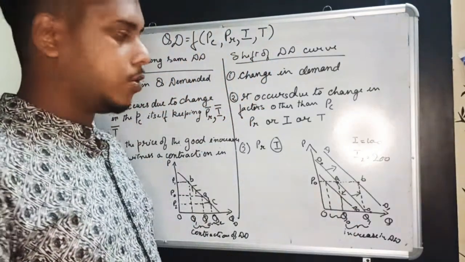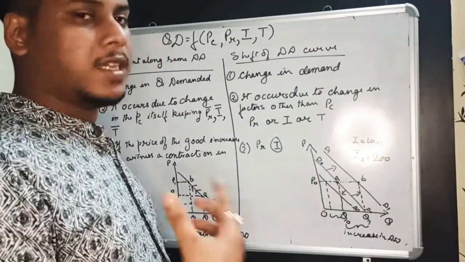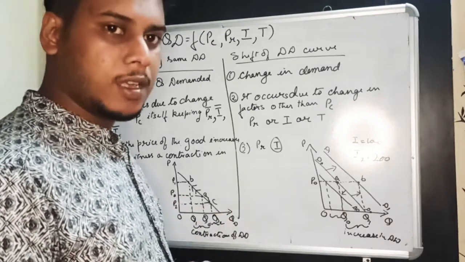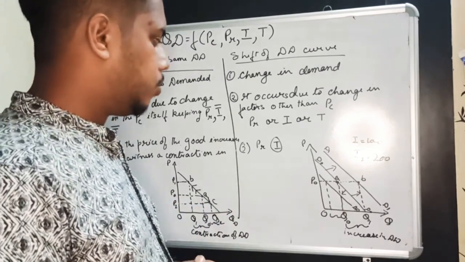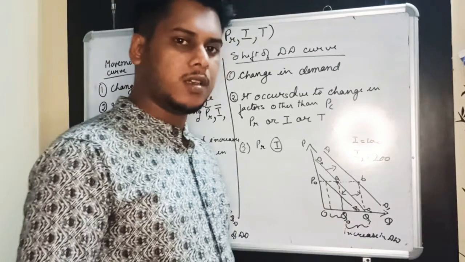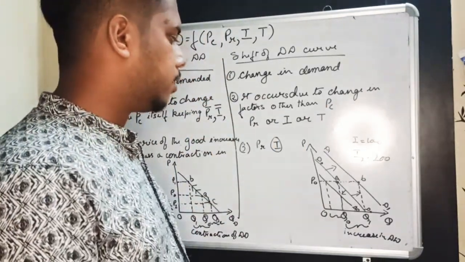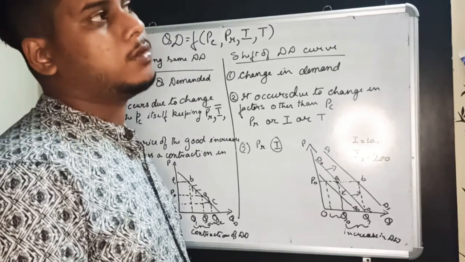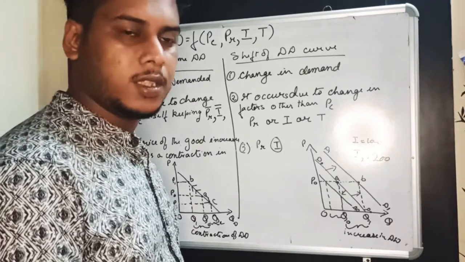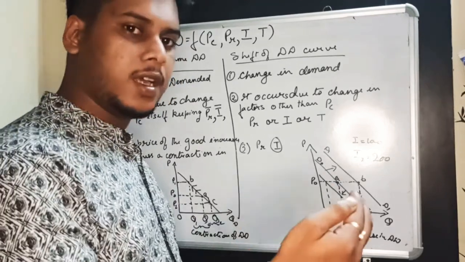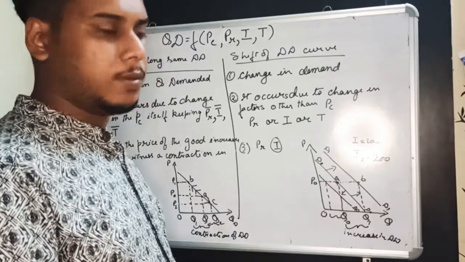Okay, so an increase in the income level of the consumer leads to increase in demand, which is shown by a rightward shift of the demand curve, whereas a fall in the income of the consumer leads to decrease in demand, which is shown by a leftward shift of the demand curve.